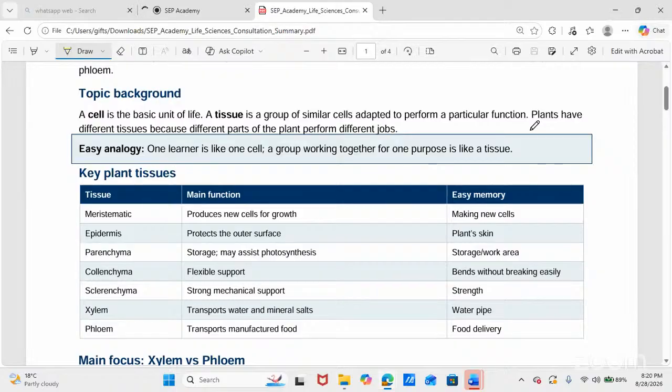If you were to zoom into the structure of a leaf, the outer layer is called the epidermis. It's on the outer surface of the plant skin, and it protects the inner surface of the skin of the plant. It's mainly for protection. Now we are going to look at the parenchyma. They're saying that the parenchyma is mainly for storage. It may assist in photosynthesis.